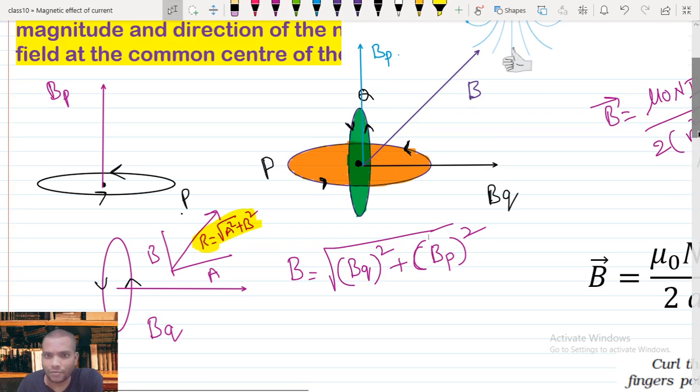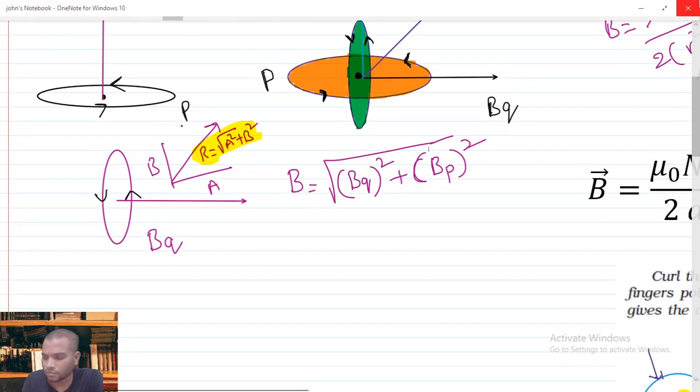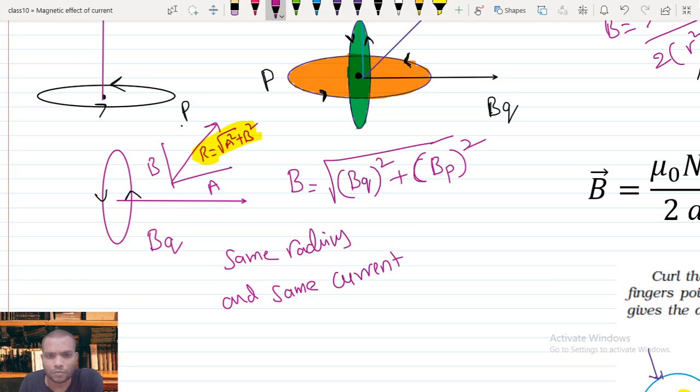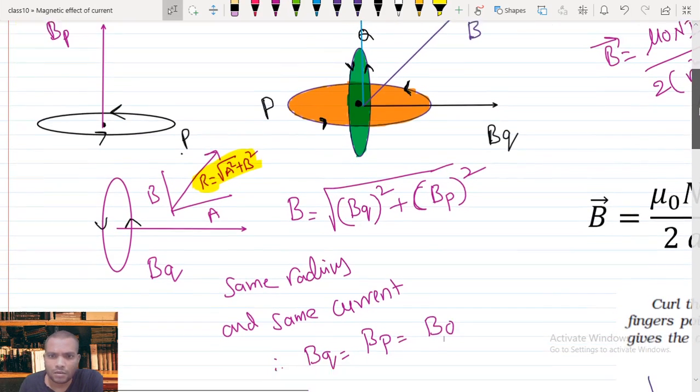Now let's find the magnetic field magnitude. Since they both have the same radius and the same current, their magnitudes are the same. Suppose I call that magnitude BQ equals BP equals B naught, to simplify.